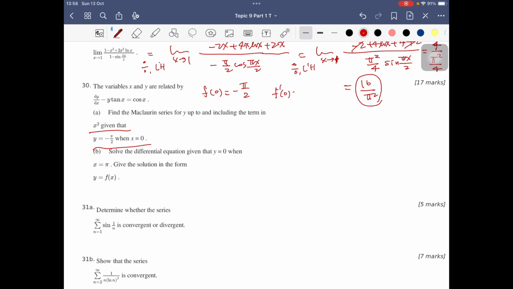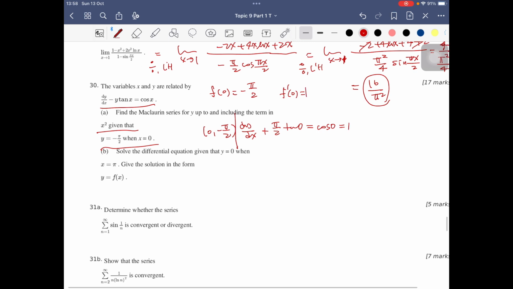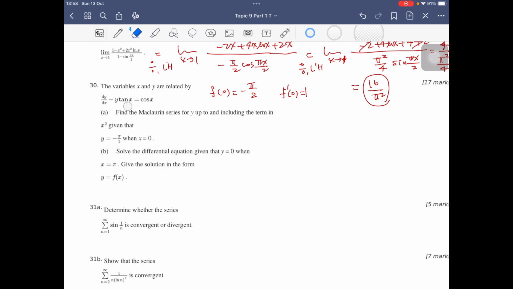F prime of 0, here dy over dx with x 0 and y negative pi over 2, is negative pi over 2 tangent 0 cos 0, which is 1. So dy over dx is 1. And we need to find the second derivative from here.